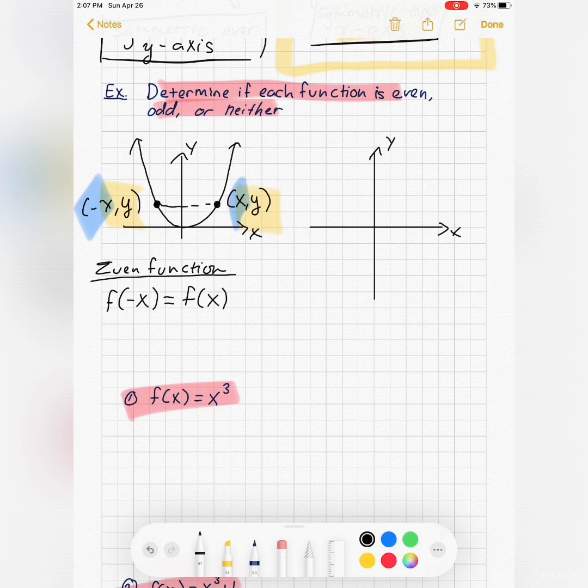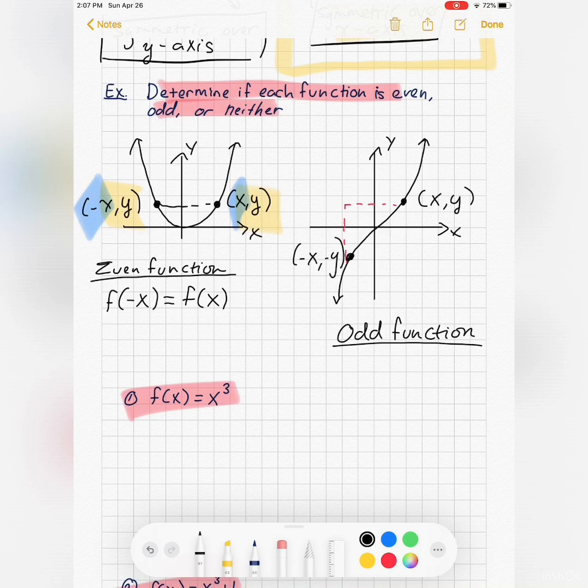Let me do a generic graph of an odd function, something like that. If I pick an x, y point there, for an odd function this graph is symmetric over the origin. That means I flip once and flip again, so the corresponding point would be negative x, negative y.